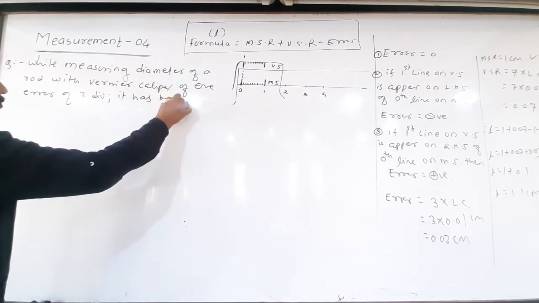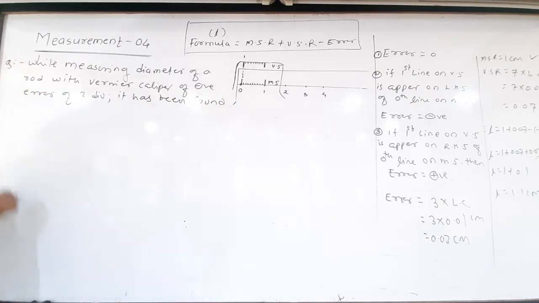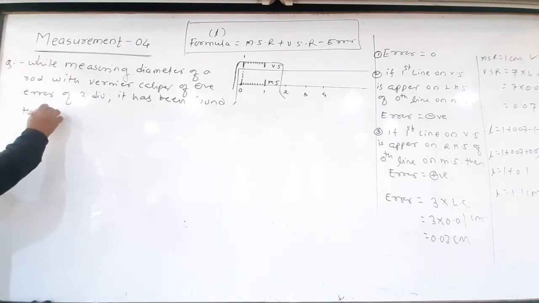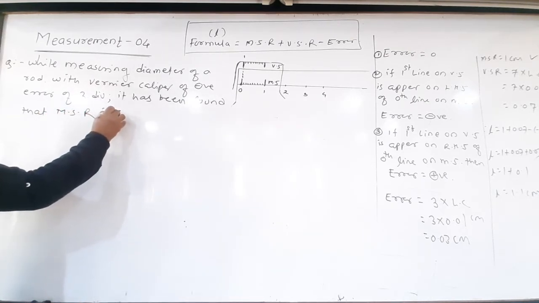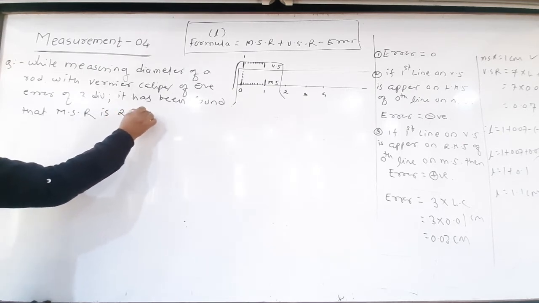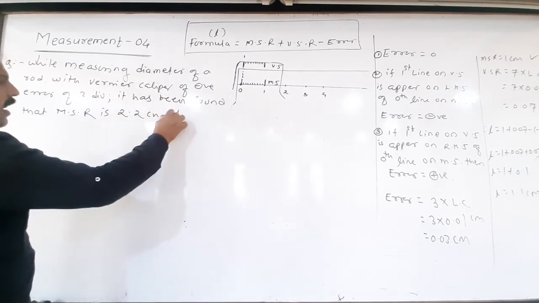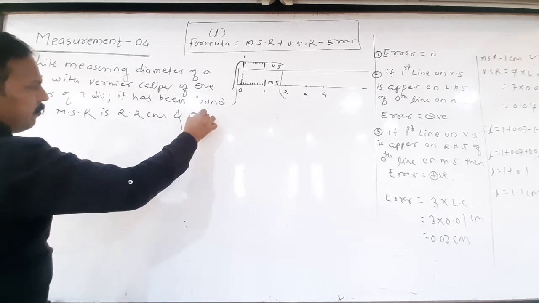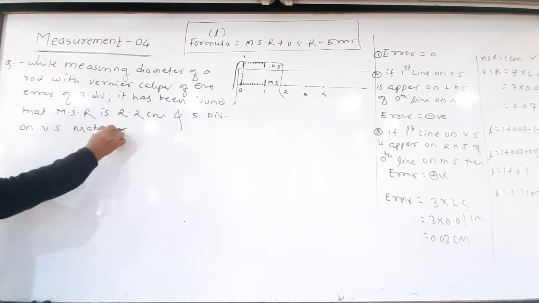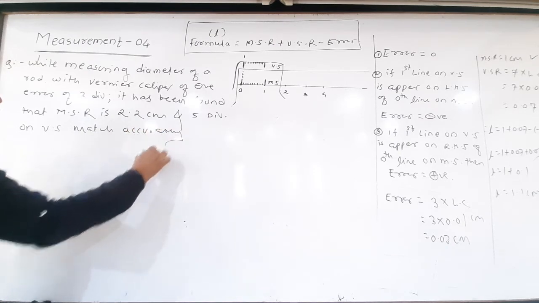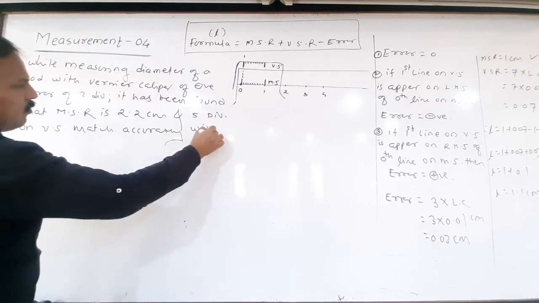it has been found that main scale reading is 2.2 centimeter and the 5th division on the vernier scale matches accurately with the main scale.